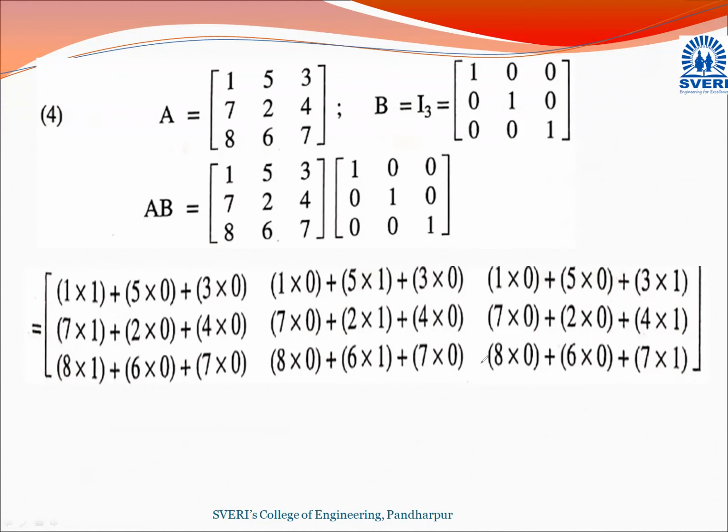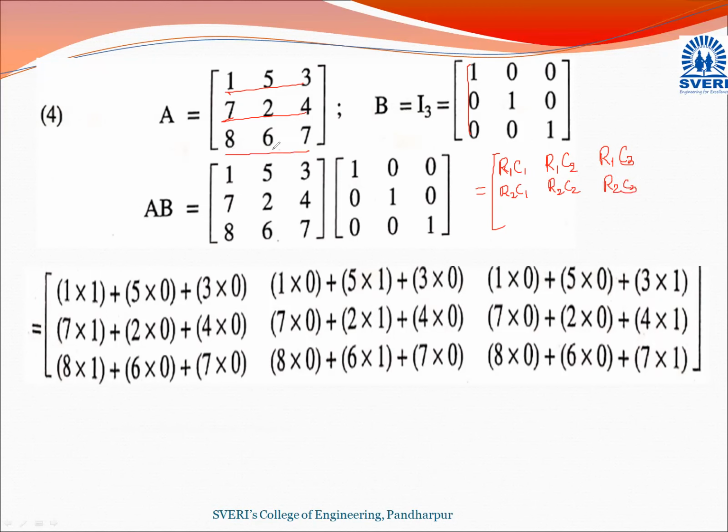In short, we have to keep in mind: R1 C1, first row, first column, then R1 C2, R1 C3. Now, second row multiplying with these three columns: R2 C1, R2 C2, R2 C3.